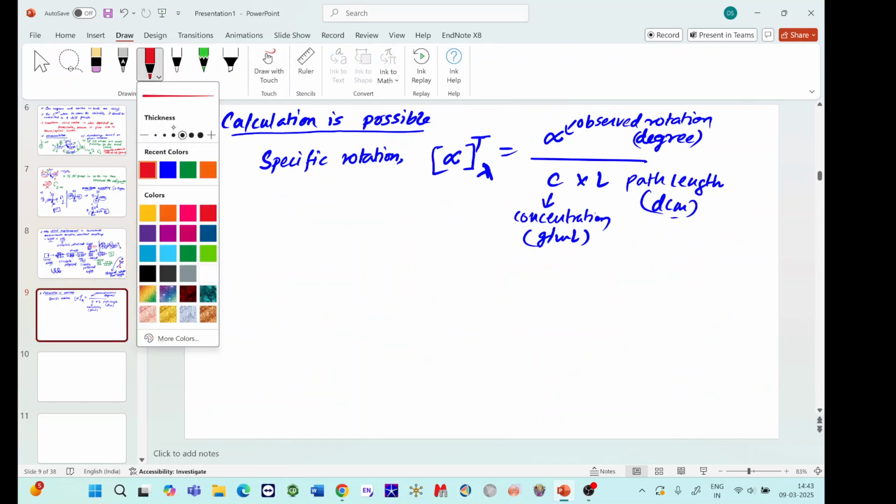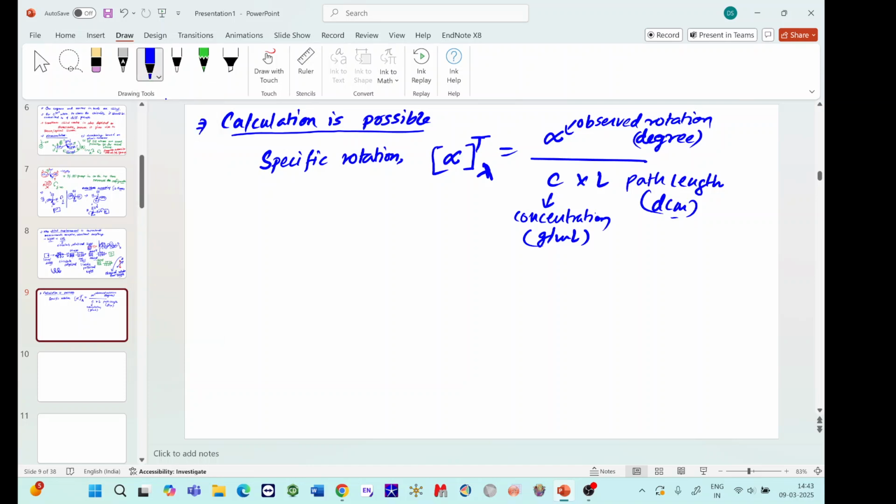Then you can calculate specific rotation if you have the value of observed rotation that you can see in the experiment. You know the concentration of the solution you have taken, and you know the path length of your cuvette, so you can easily calculate the specific rotation.